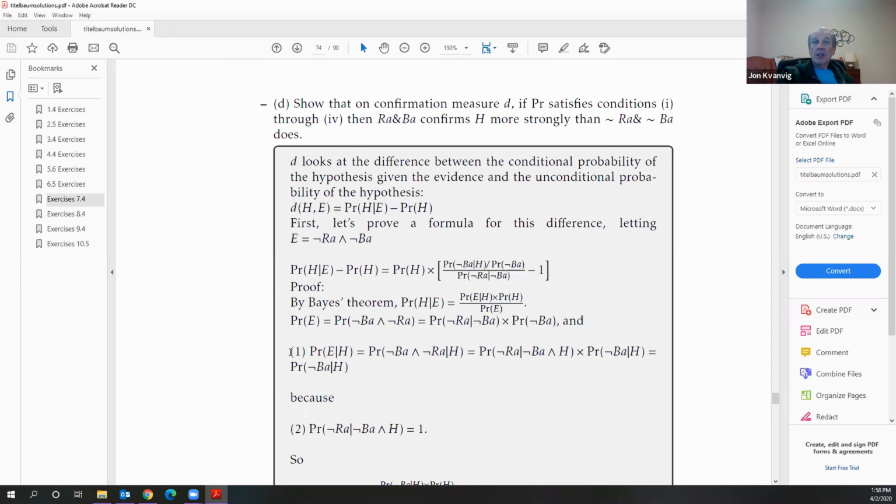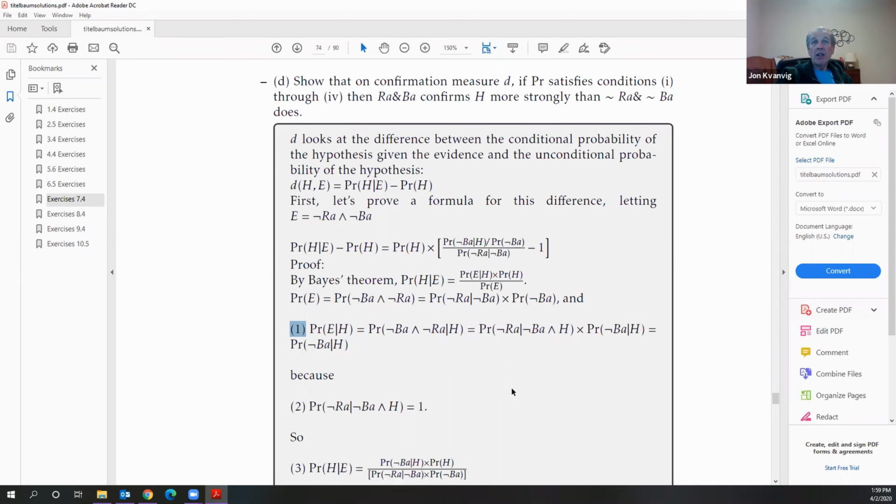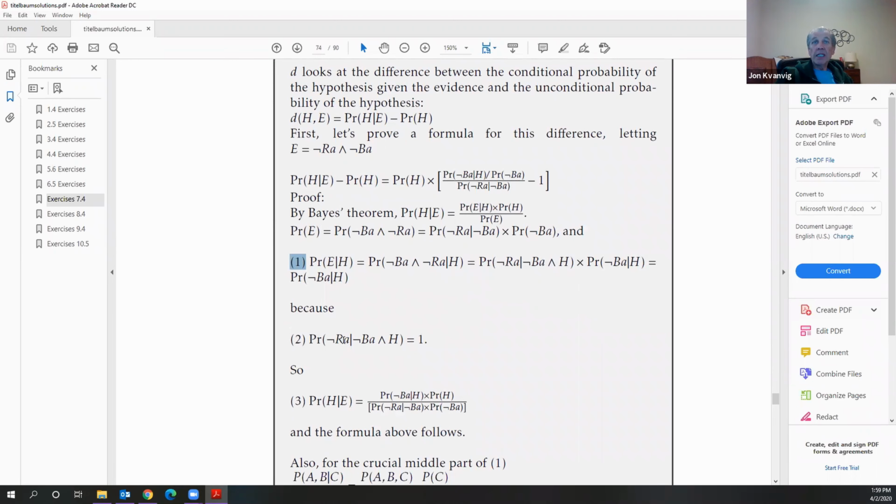And the probability of E given H equals the probability of non-black and non-raven given H, which equals the probability of non-raven given non-black and all ravens are black, times the probability of non-black given all ravens are black, which equals the probability of non-black given all ravens black, because the probability of a non-raven given all ravens are black and that A is non-black is 1.